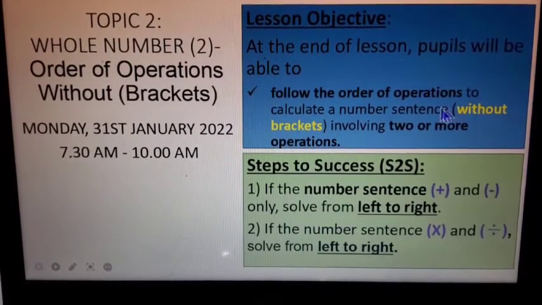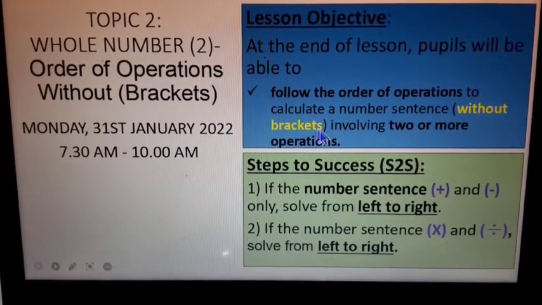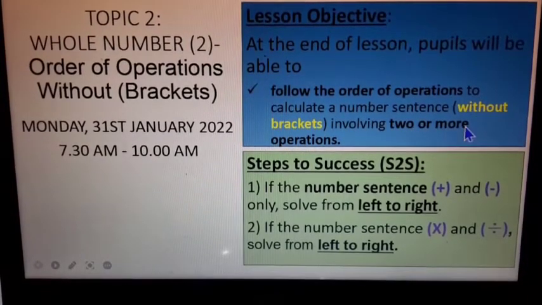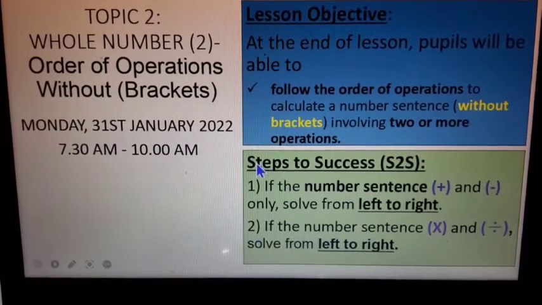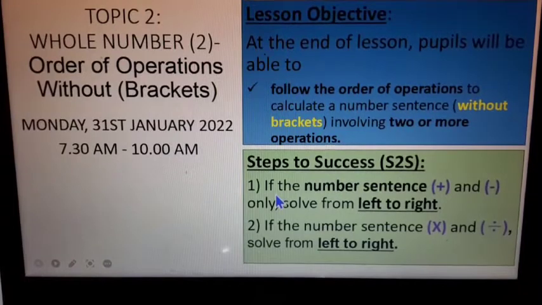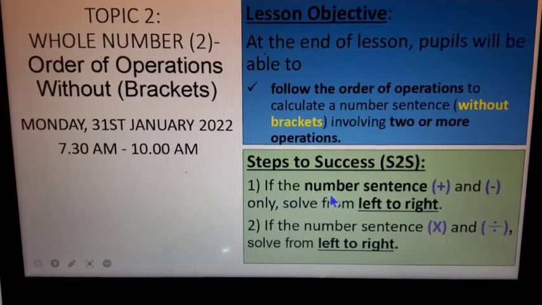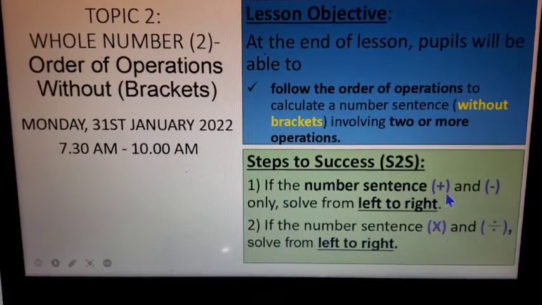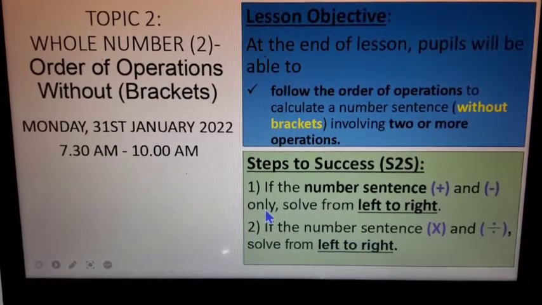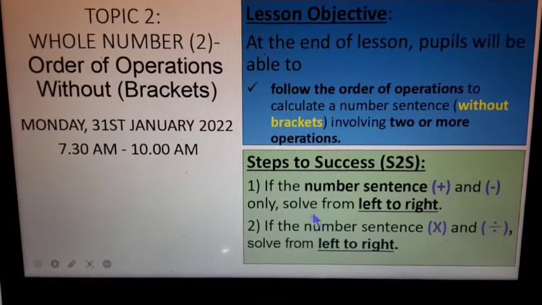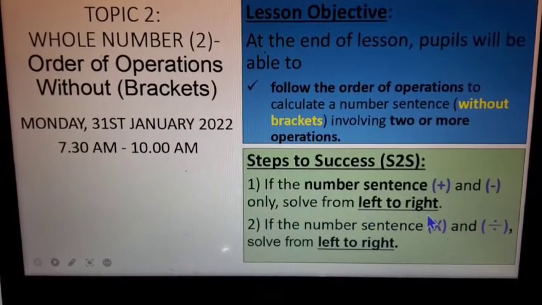Our learning objective today is that pupils will be able to follow the operations to calculate the number sentence without using brackets involving two or more operations. And this is the step to succeed that you're going to follow. Number 1, if the number sentence contains plus and minus only, you can solve it from left to right.